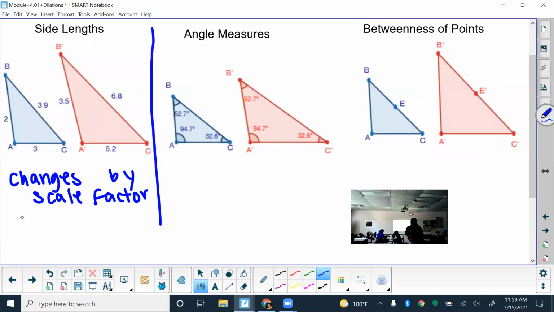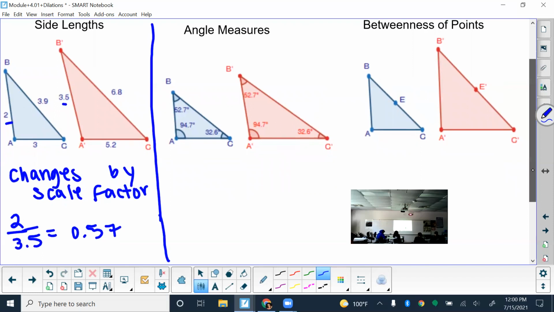You can see that if I do each corresponding side over each other, because the scale factor is like a fraction. So if I do 2 over 3.5, so I'm doing this over this for that corresponding side. When I put that in my calculator, I get a decimal that if I round it is about 0.57.